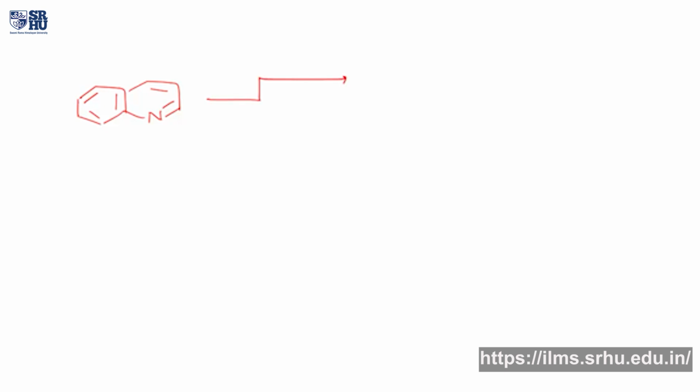So let's say we are talking about electrophilic substitution, and we say that C5 and C8 are the main sites. Let's say we react with HNO3/H2SO4, which is a nitrating mixture.